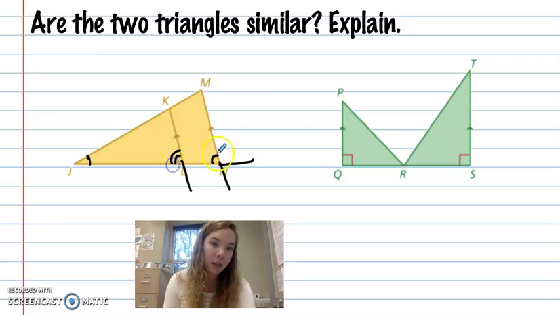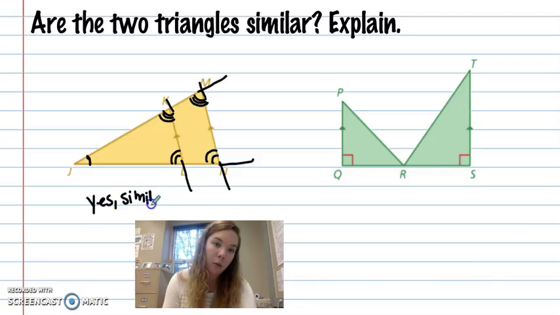So we know that they're the same. Okay, same here. These are two parallel lines cut by this transversal. So these two angles are corresponding, so they're the same. So these are similar. And we know that because of the parallel lines. Okay, so anytime one triangle is contained inside another, they're going to be similar.